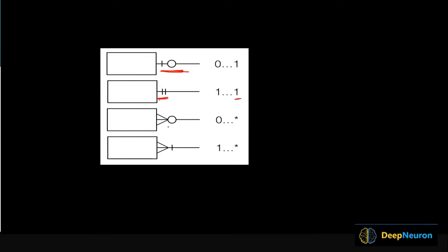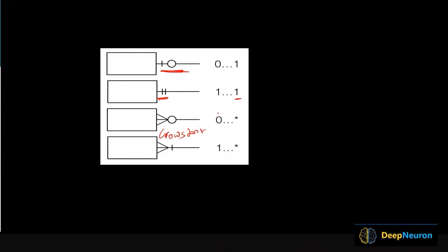If you find the crow's foot notation, that means many. If you see a circle after the crow's foot, that means 0 or more.